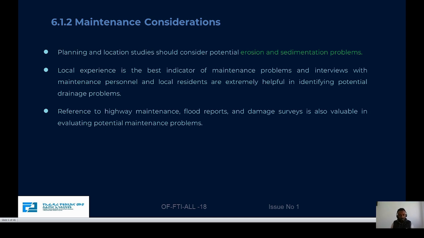On maintenance considerations, the planning and location studies will consider erosion and sedimentation problems. Interviews with the maintenance persons and the local residents are extremely helpful in identifying potential drainage problems. So collecting information and a report for planning the maintenance is also very important.